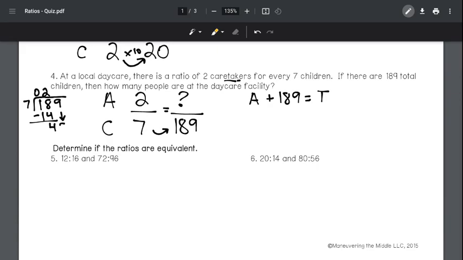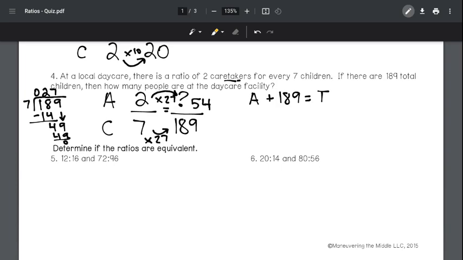Drop our next number, which is our 9. How many 7s make a 49? 7 times 7 is 49. Left with nothing. So 7 times 27 gives us 189. In order for these to be equivalent, we have to multiply 2 times 27, and when you do 27 times 2, you end up getting 54. So there are 54 adults if there are 189 children.